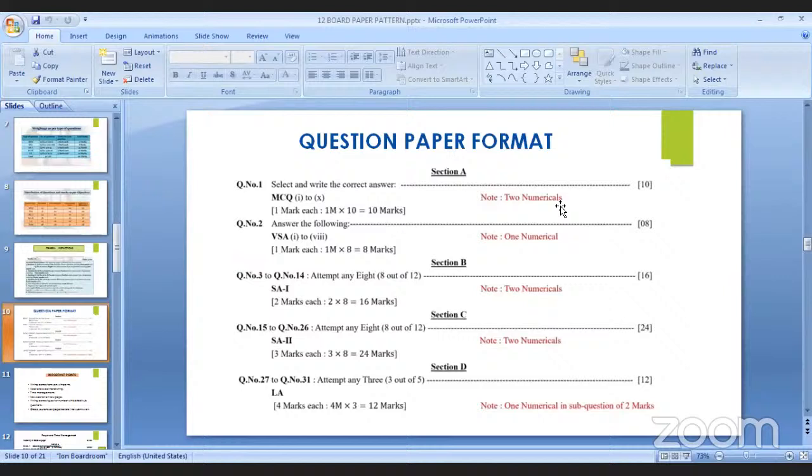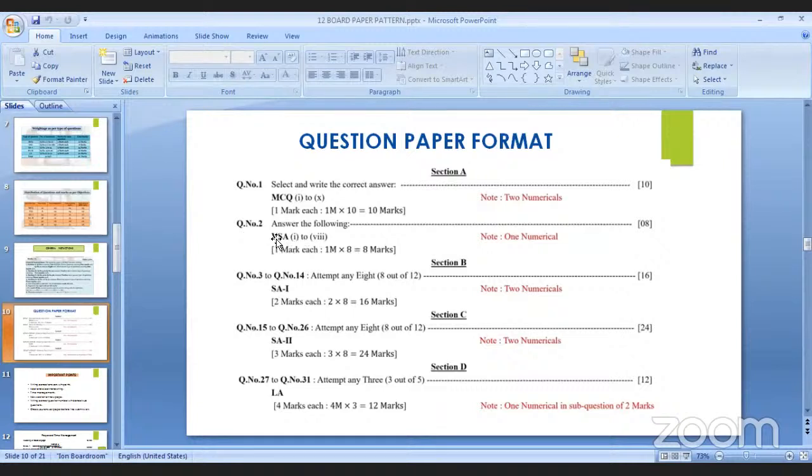Throughout the paper of 98 marks, 12 to 15 marks of numericals will be asked. For a 2 marks numerical, they will ask you to solve a problem. No need to solve it in rough, do it properly, and then write the answer very clearly. So reading all the options of MCQs is very important.